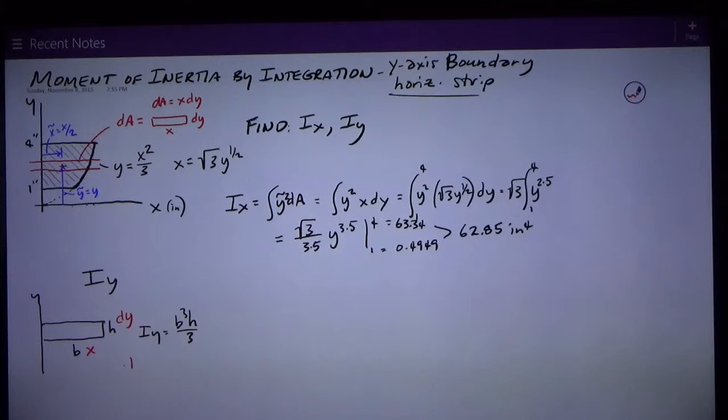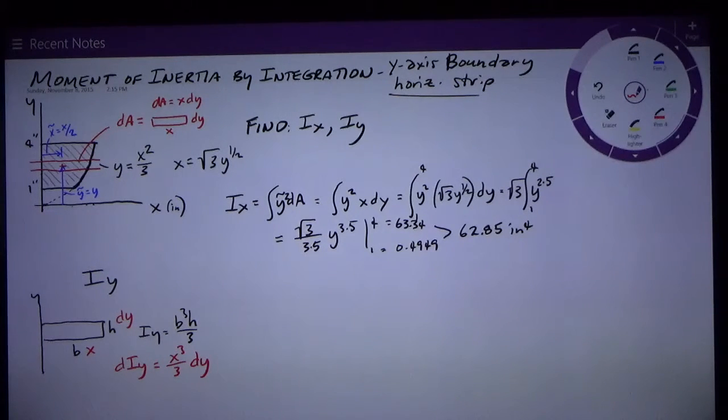So I can say that the derivative of Iy, a little differential element, is x cubed, which is b cubed, divided by 3 times dy, which is h. That's what we're going to use. It's what I sometimes call a trick. It's not really, it's just a mathematical simplification that makes this problem easier to solve.